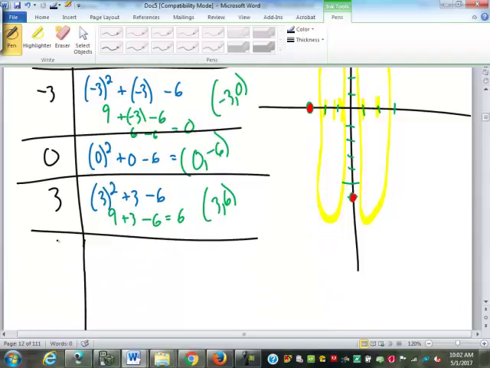So I'm going to pick x equals 1. So that's going to be 1 squared plus 1 minus 6. So that's 1 plus 1 is 2, minus 6 is -4. So I got (1, -4). So (1, -4) is right there.